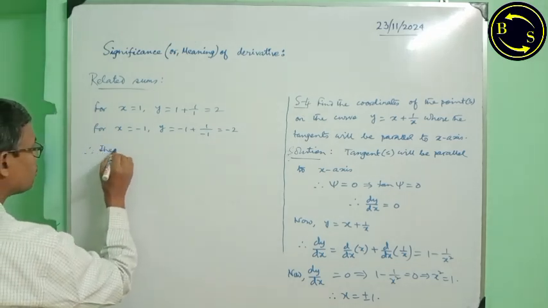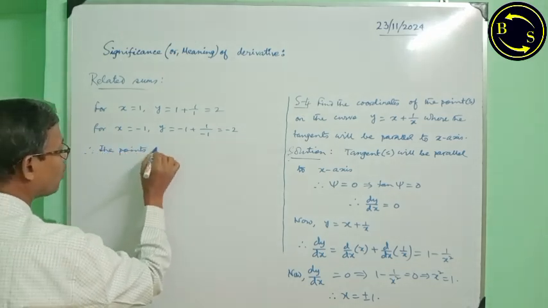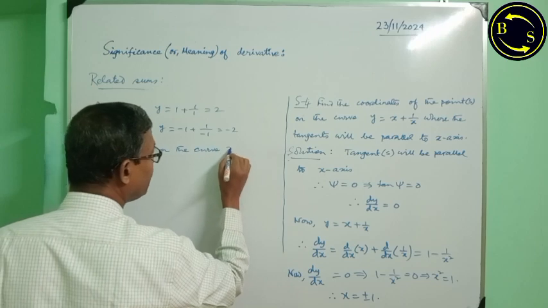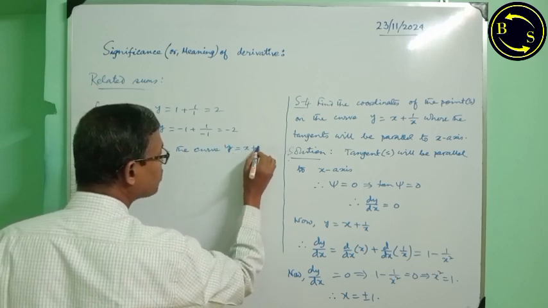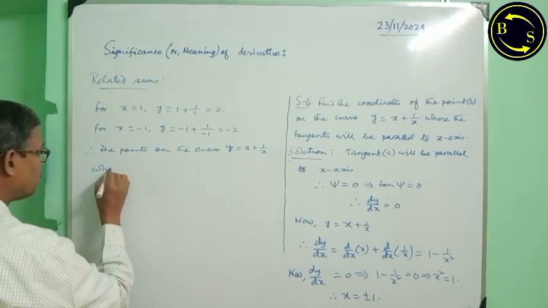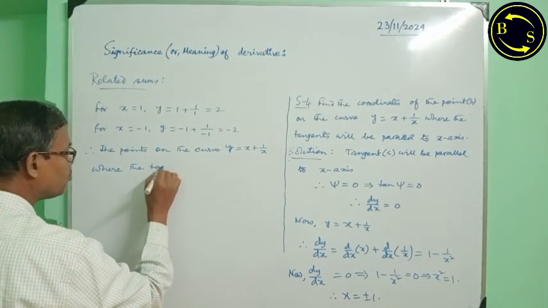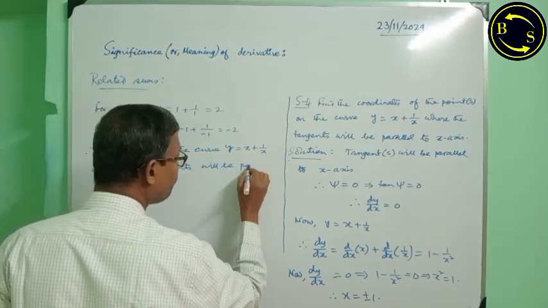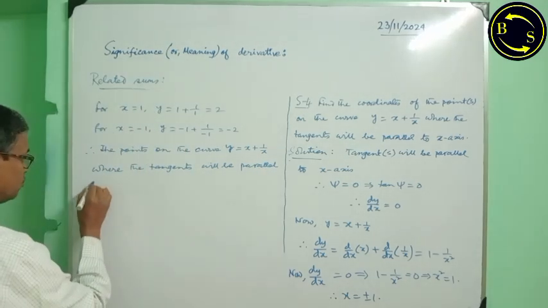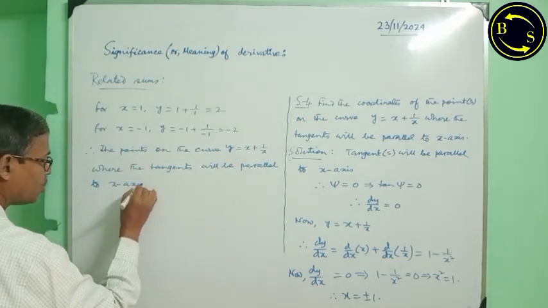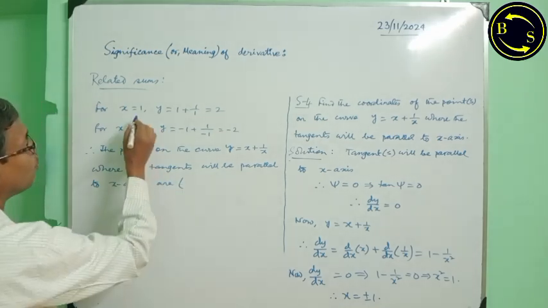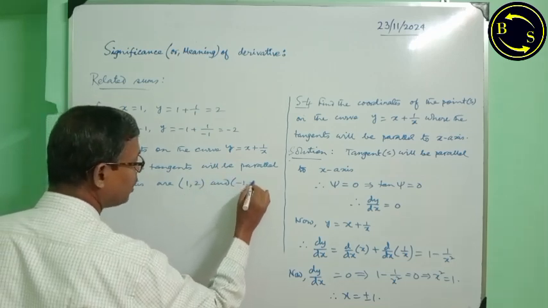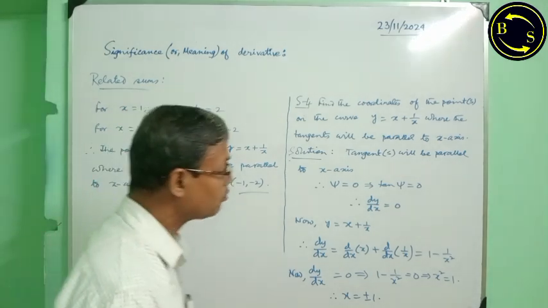Therefore, the points on the curve y is equal to x plus 1 by x where the tangents will be parallel to x-axis are (1, 2) and (-1, -2). Thus the sum is solved.